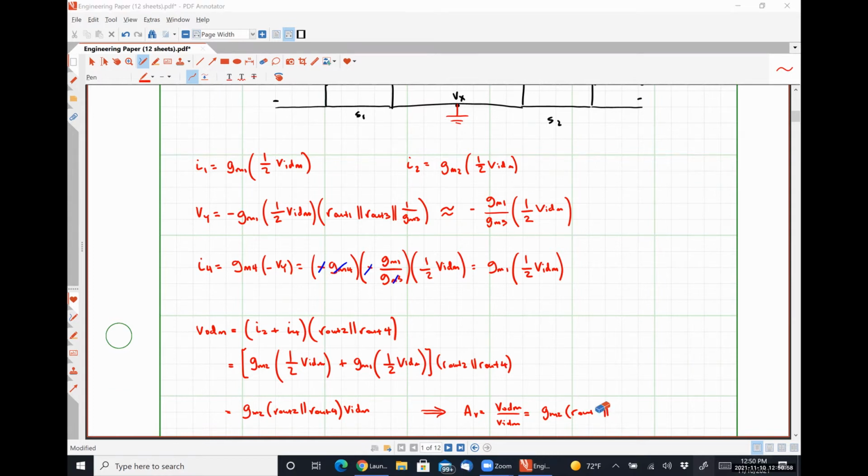Sorry, the order of the resistors doesn't matter here, but I'm just trying to be consistent.